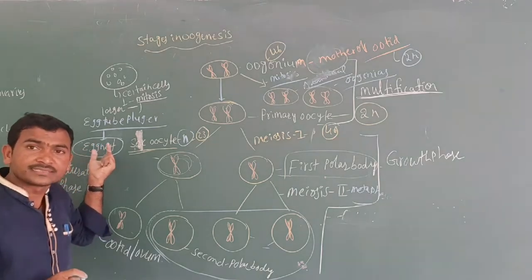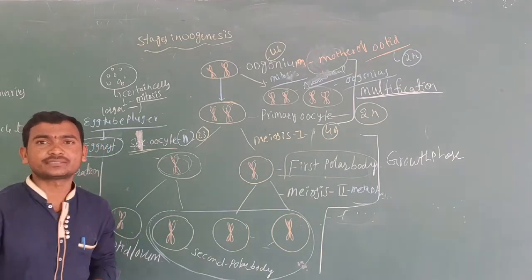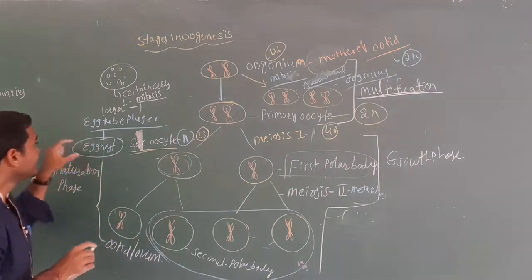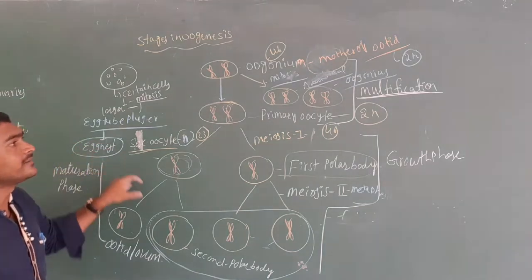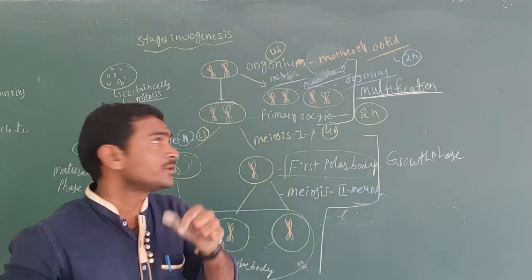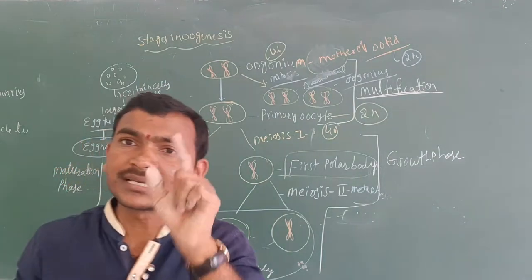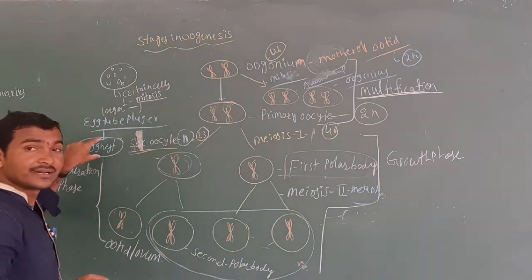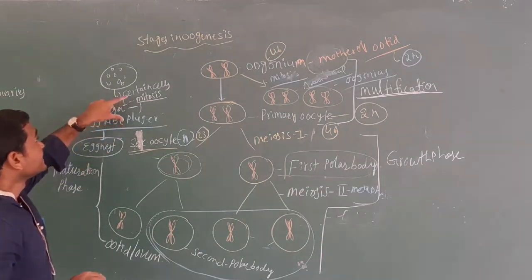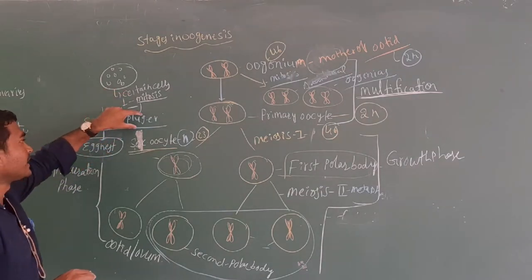In this egg nest, nothing but a mass of ova, a mass of eggs, is called the egg nest. In this egg nest, only certain cells are involved in the mitosis cell division.